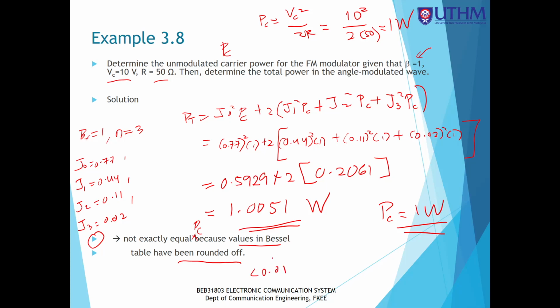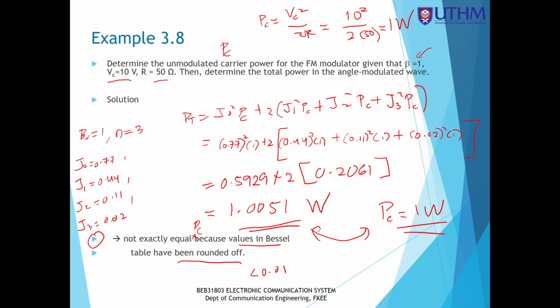The Bessel table in your notes has removed the sideband values less than 0.01 because they are very, very small, so they have been neglected. So this example just wants to show the difference. You see that the difference is very small.